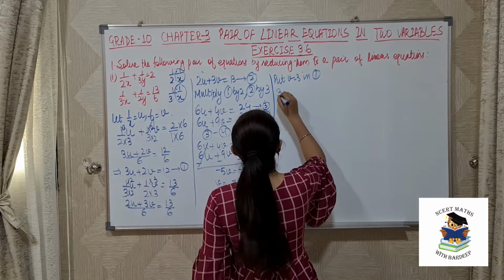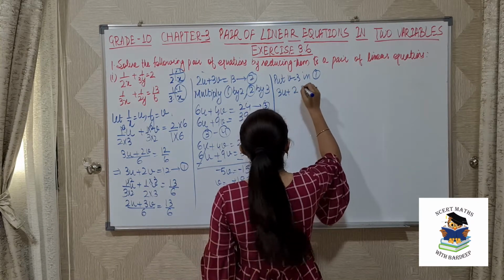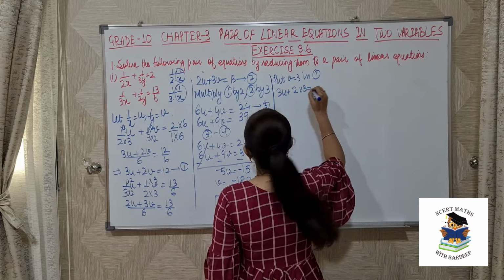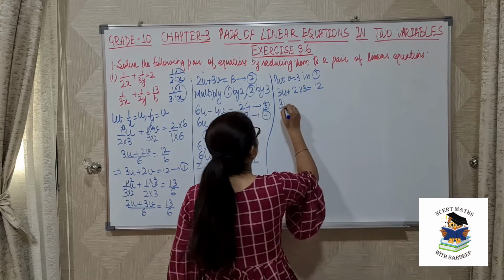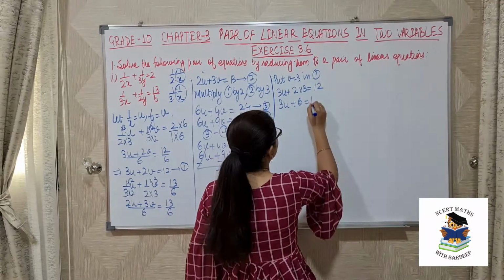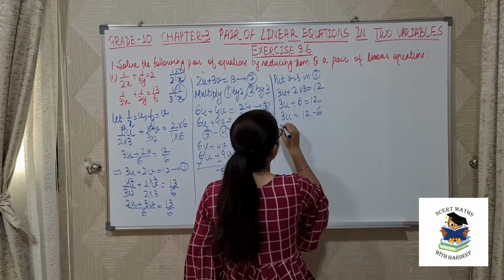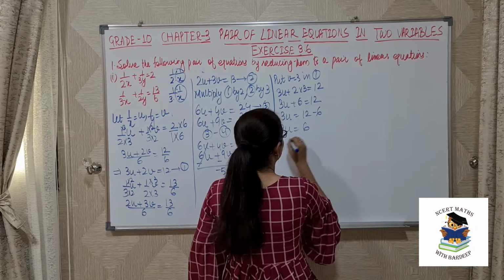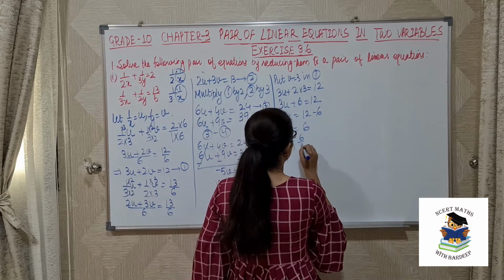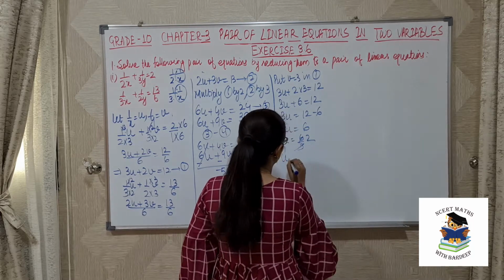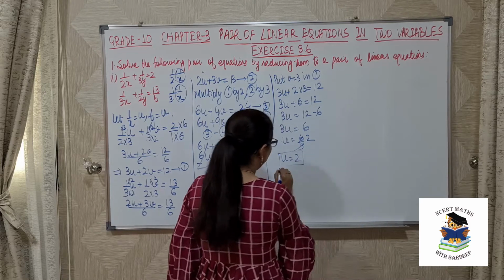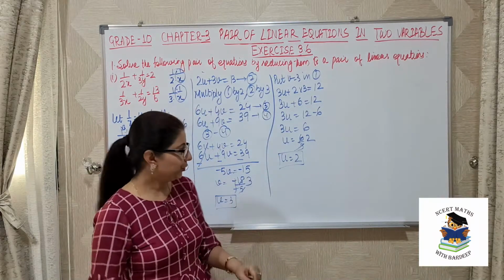So this is 3u plus 2v and v is 3 equals to 12. So 3u plus 6 equals to 12. 3u is equal to 12 minus 6. 3u equals to 6. And what is u? This is 6 by 3 as 2. So value of u is 2.